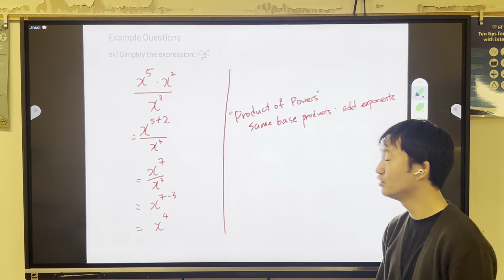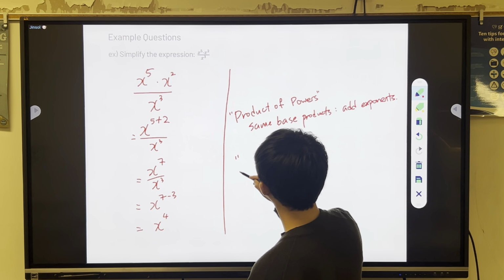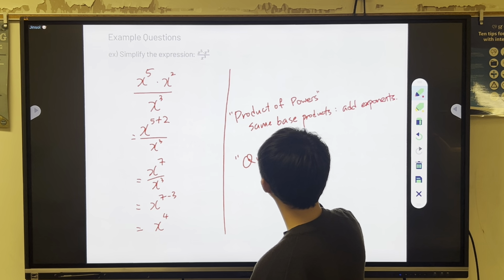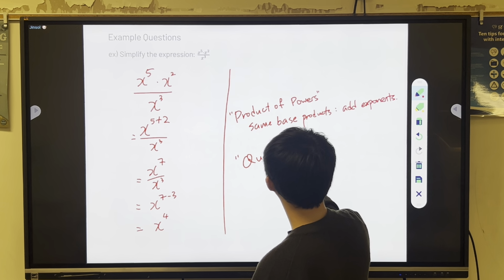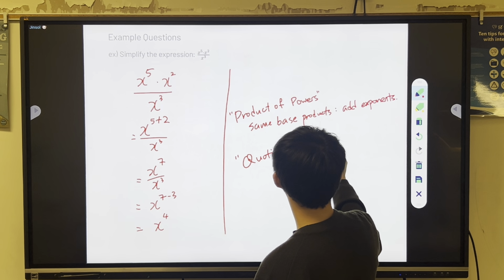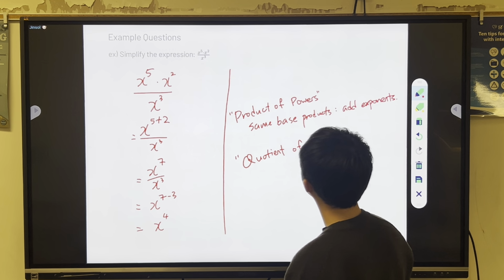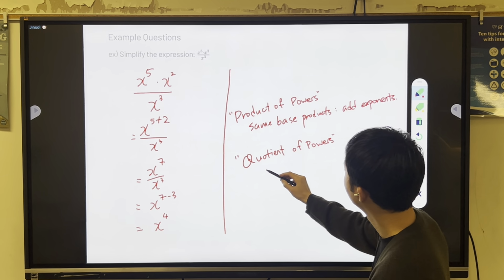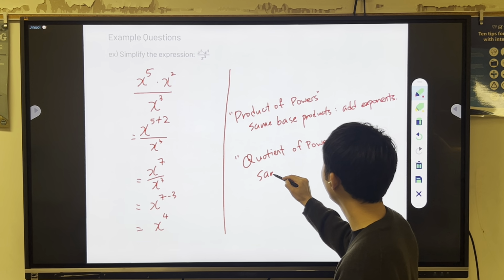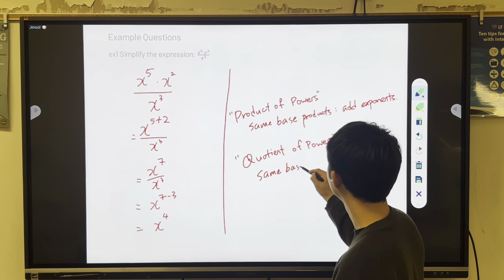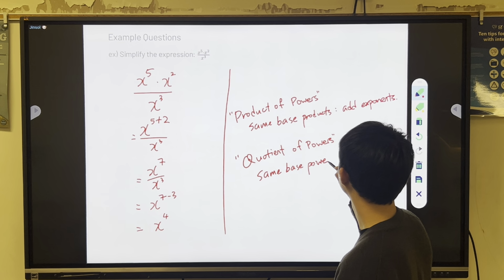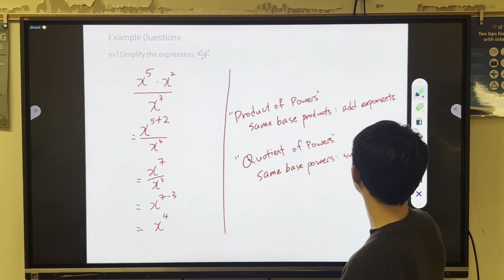And then we use another law called the quotient of powers. For the quotient of powers, for the same base powers, we subtract exponents.